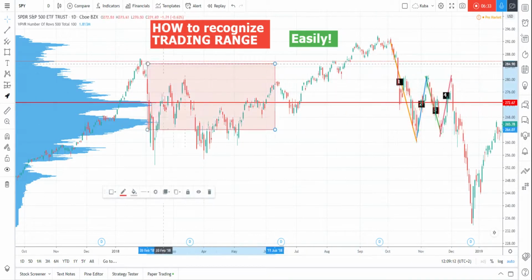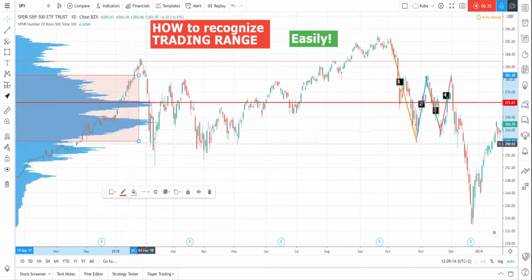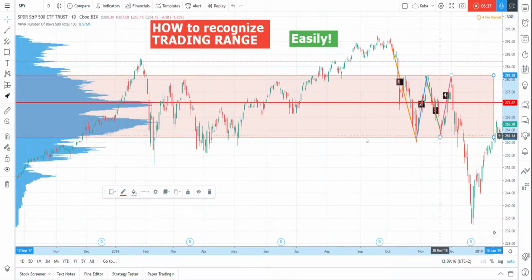And if you look at the volume profile, it confirms our idea that we are in a trading range. Again, look, it's 80% of the activity here, with the point of control almost in the middle. So it confirms that we are in a trading range, and market will have a problem with the edges.